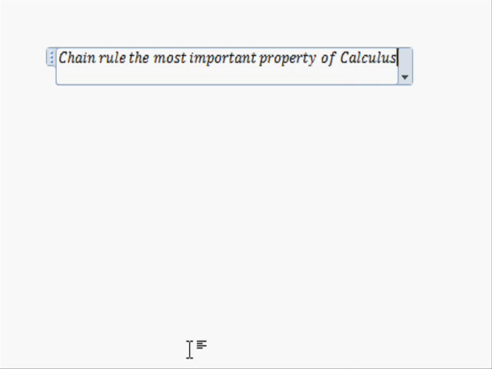So in conclusion, the chain rule is very important, so much that some people consider it the most important property of calculus, because we again apply it in integrals, but not directly using the derivative. It's a similar process that we use.